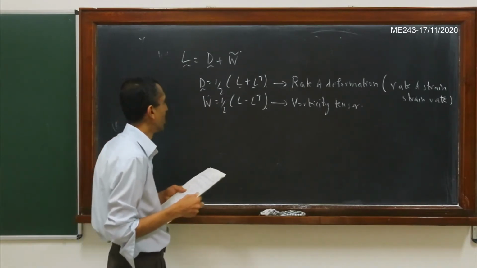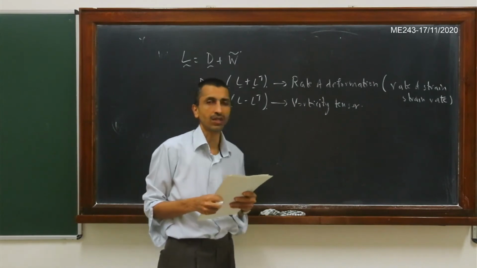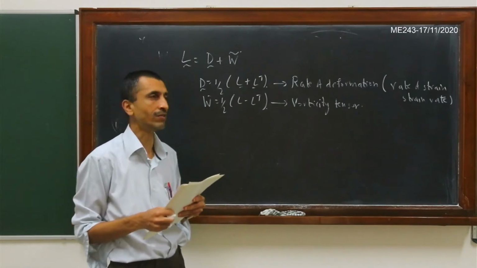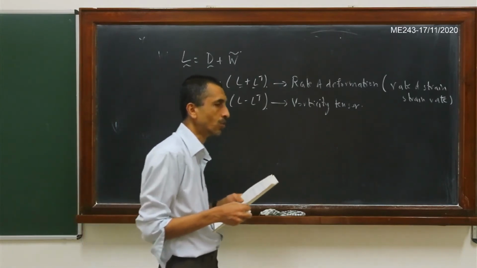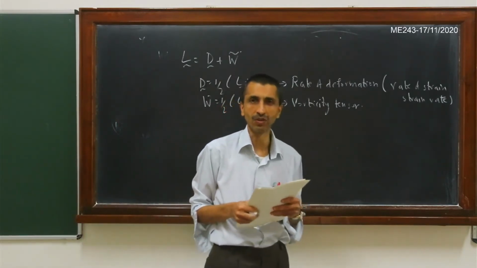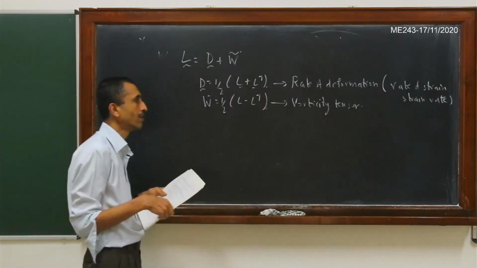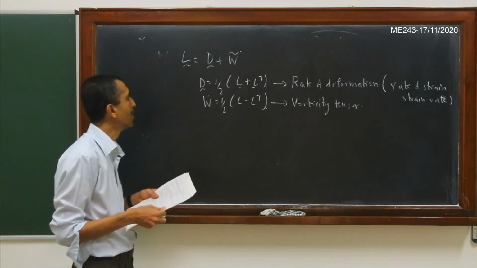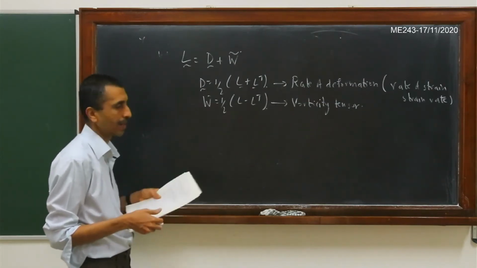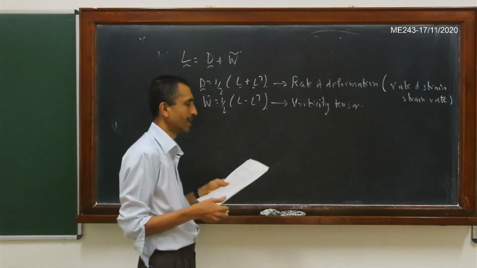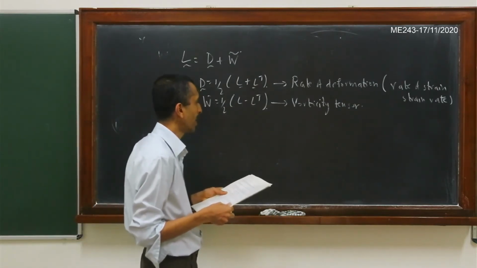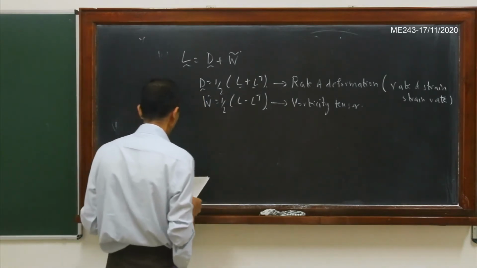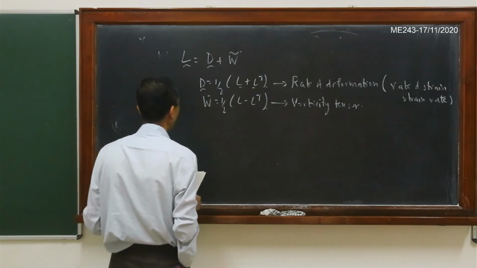Fine. Now, just like we gave a characterization of rigid motion in terms of the mapping chi, right? We have seen that chi is equal to Q of t times X plus c of t. In the same way, we can give a characterization of rigid motion in terms of the velocity gradient or the rate of deformation tensor. So now let us look at that second characterization. In order to do that, let us just recall what we mean by a rigid motion.